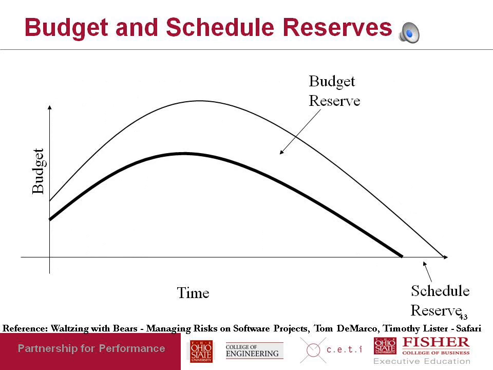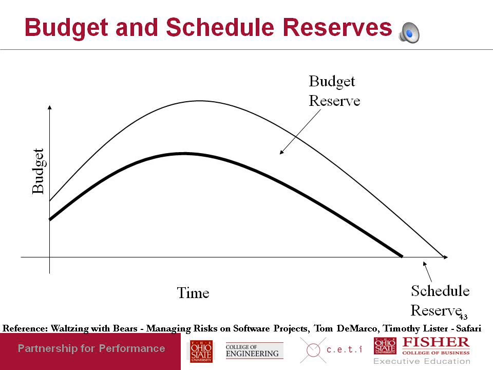So the previous slide talked about a budget and a schedule reserve. What are they? Basically, it's extra money in the budget to spend in case you run into a risk. That is budget reserve, and extra time available to the project to deal with any delays that might take place. That is schedule reserve.